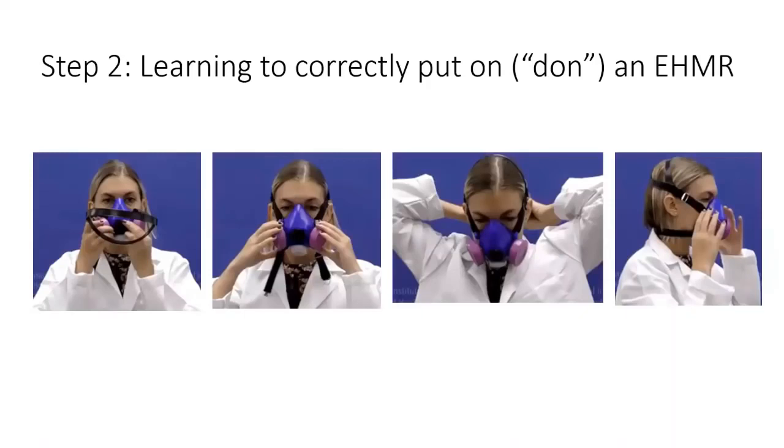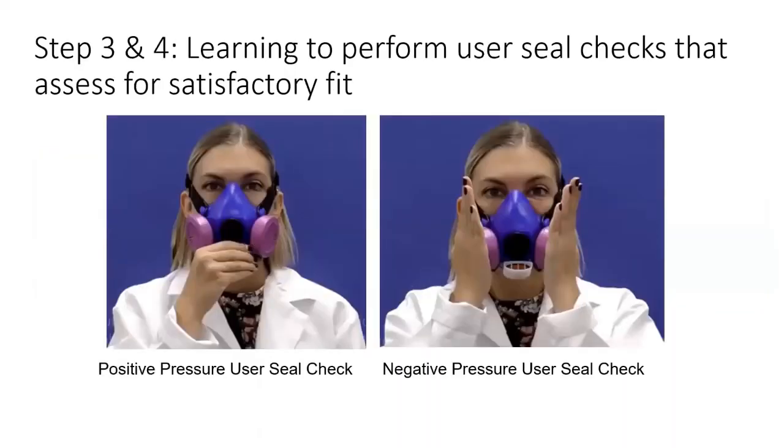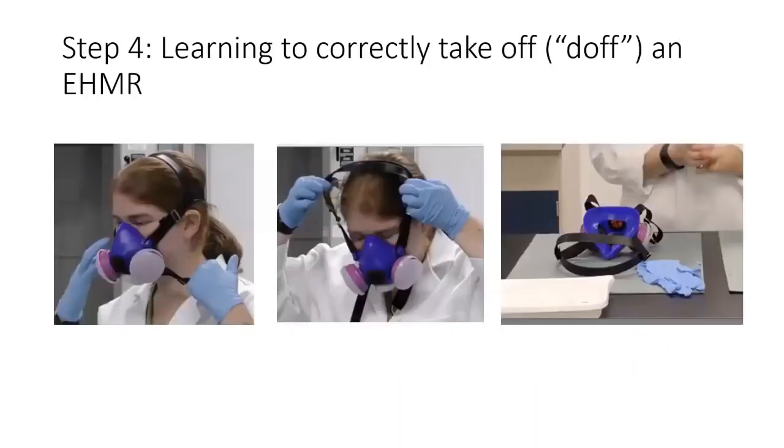They also learned how to correctly put on or don the elastomeric. They learned how to perform user seal checks that assess for satisfactory fit, including the positive pressure user seal check and the negative pressure user seal check. They learned how to correctly take off or doff the elastomeric.